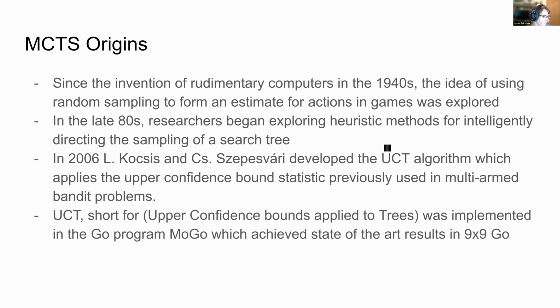But the origin of the name of this is, well, it's a tree search algorithm. And there was this other concept when you're collecting samples of data, of having an upper confidence bound statistic on samples that you've collected.